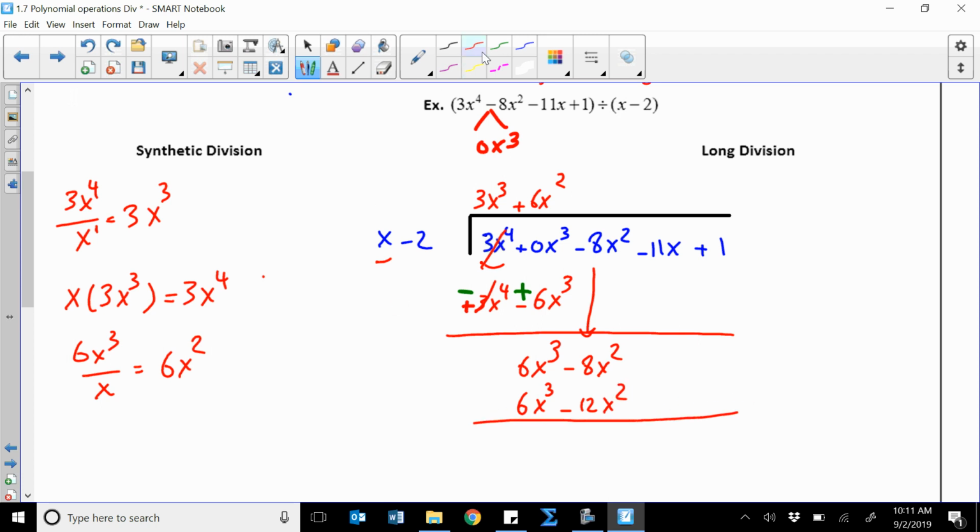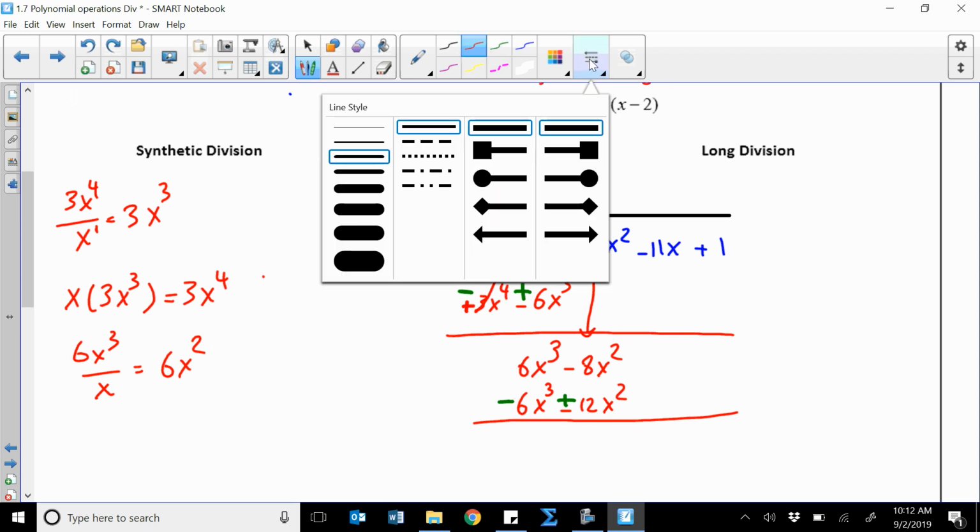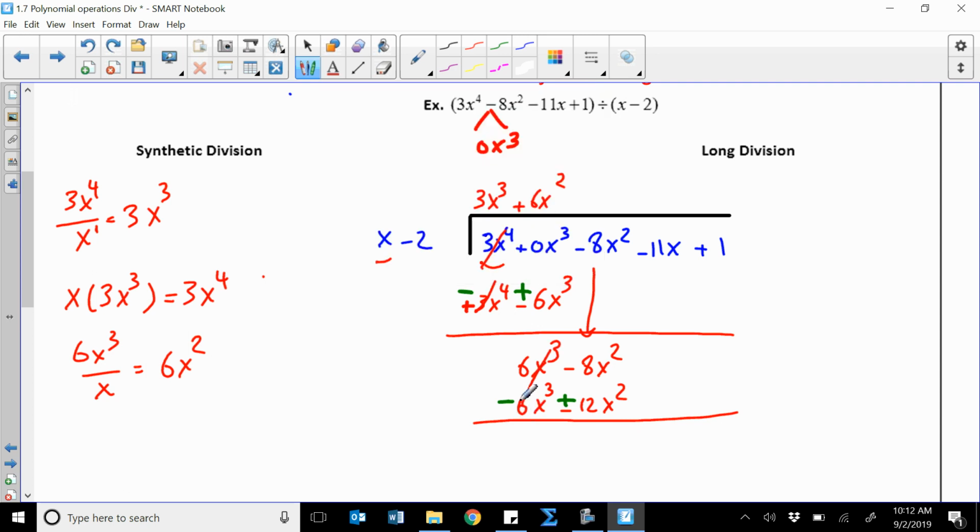Again, I need to subtract these two terms. As I subtract, these two terms will change their sign. So now I'm going to consider the green signs as the sign of my term. 6x cubed minus 6x cubed cancel each other. And negative 8x squared plus 12x squared will be positive 4x squared.